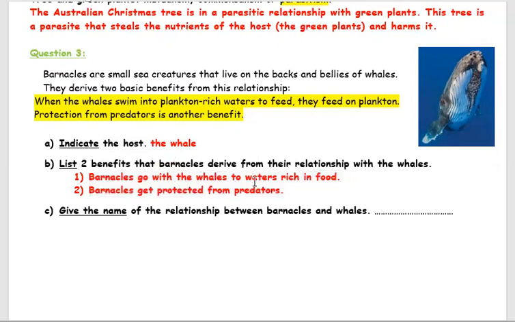Barnacles benefit. Give the name of the relationship between barnacles and whales. In this case, whales do not care if barnacles were there or not. The whales are unaffected, so we're talking here about commensalism.